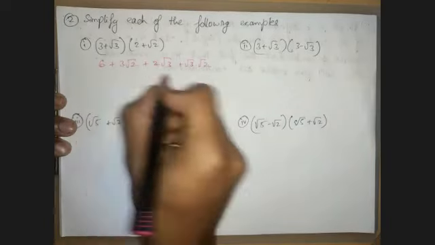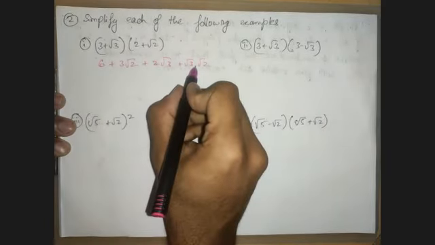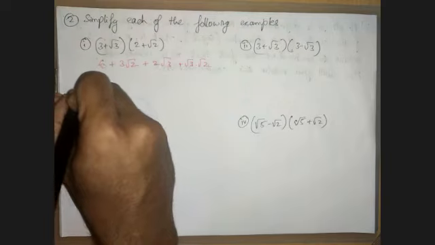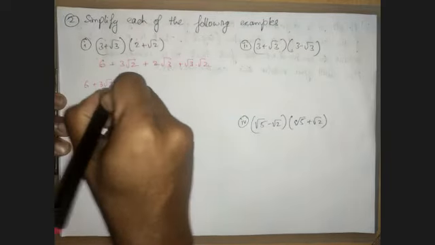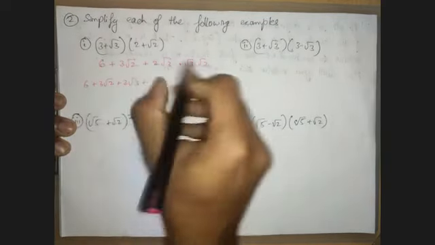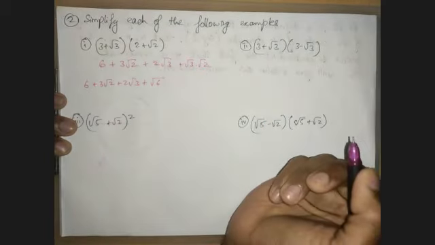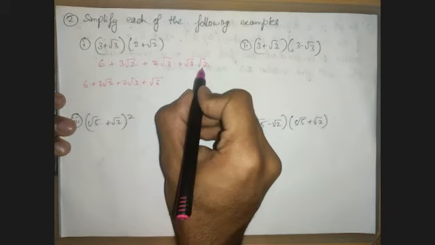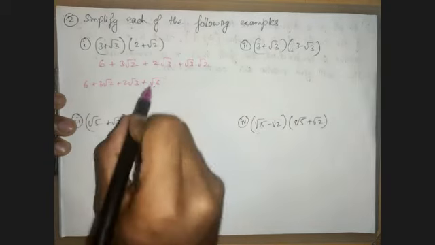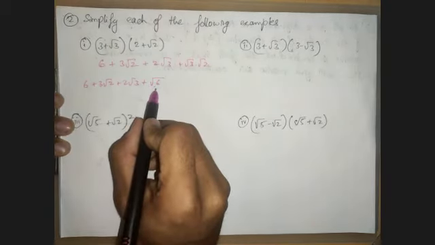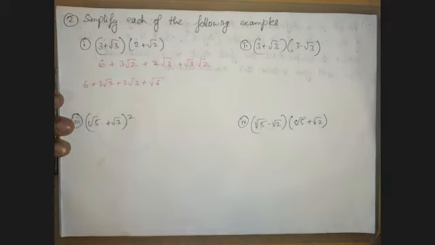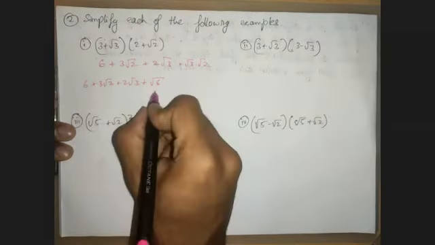So I can write this as 6 plus 3 root 2 plus 2 root 3 plus root 6, because root a into root b is root ab. So this is the answer.